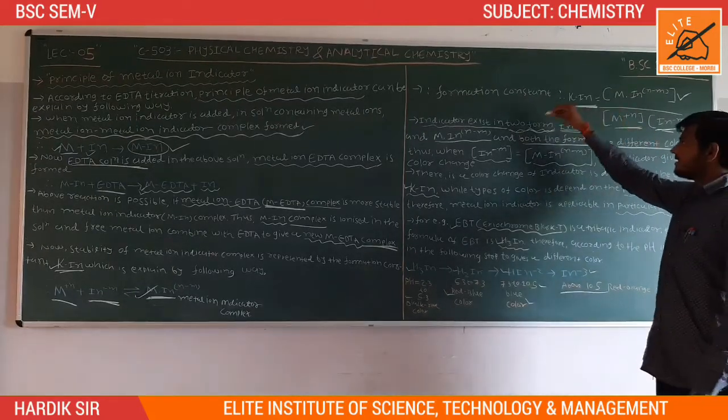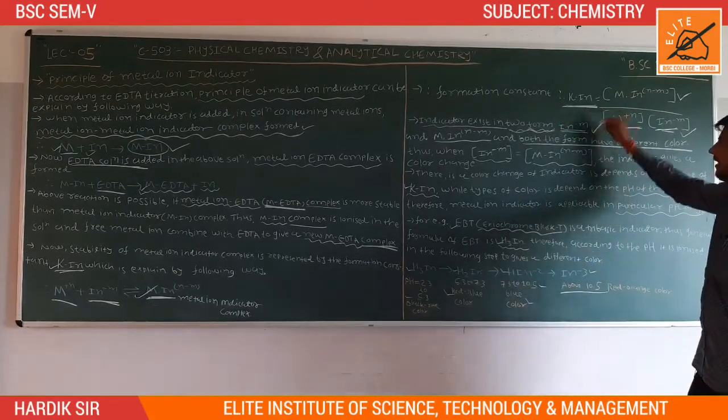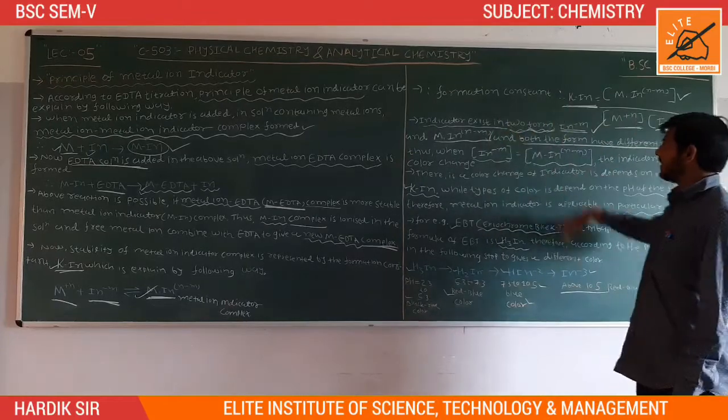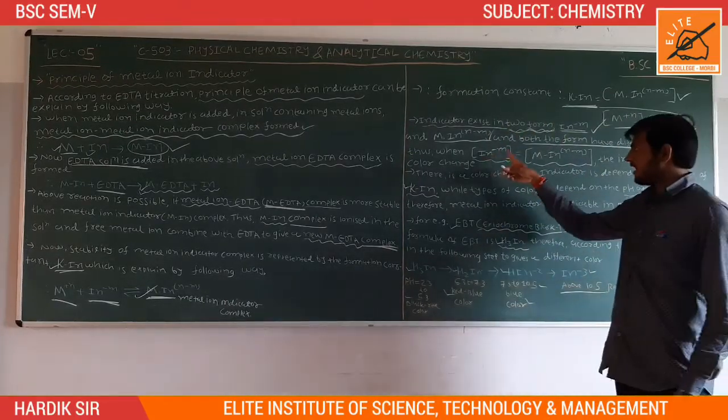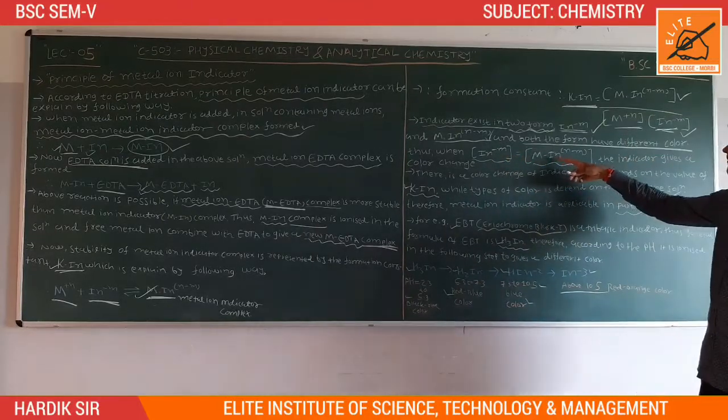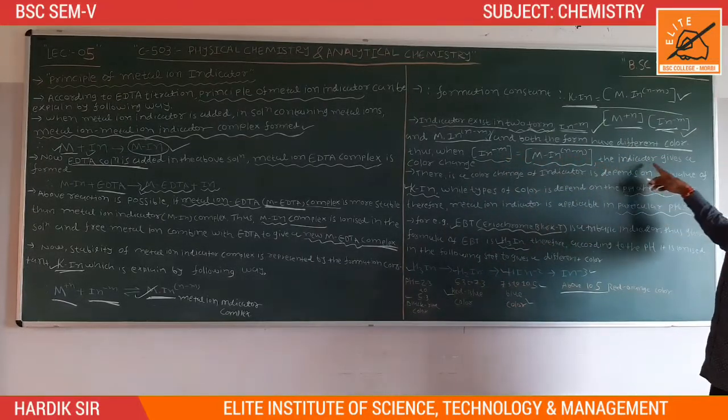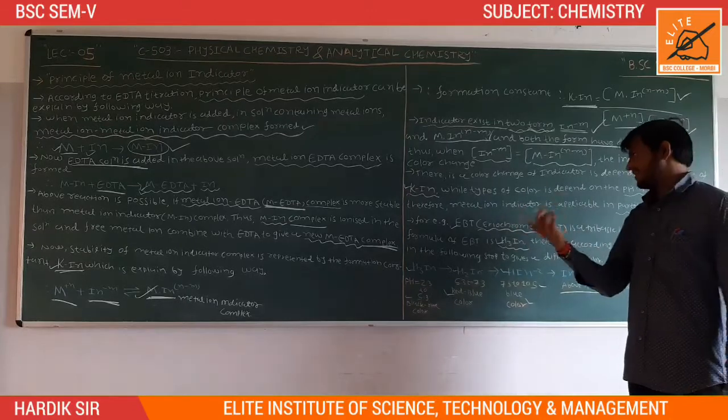So our indicator exists in two forms, In and M In, and both forms have a different color. When In is equal to M In, the indicator gives a color change.